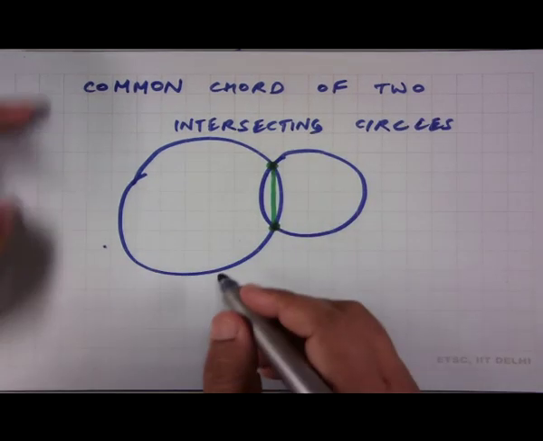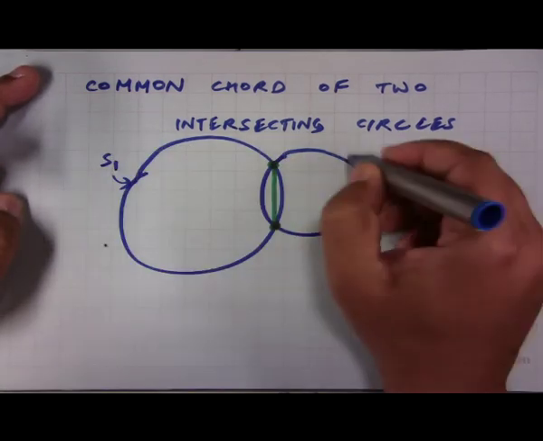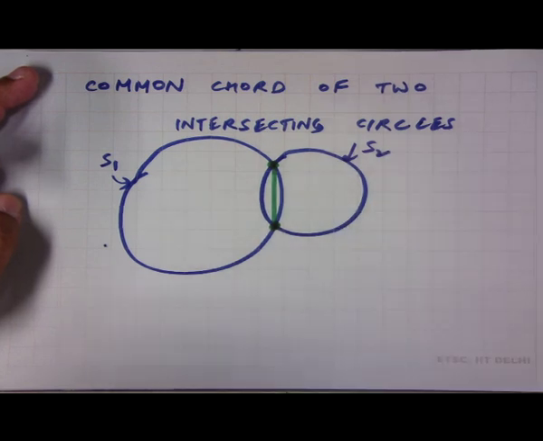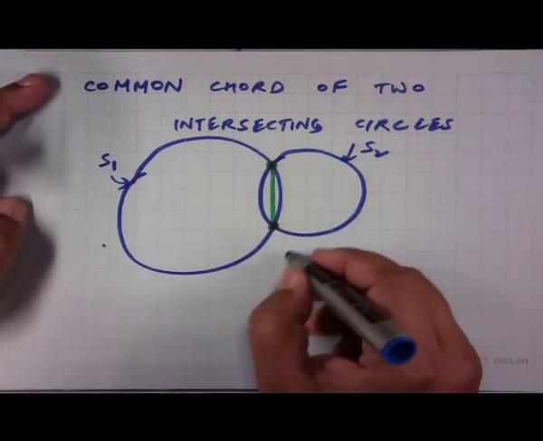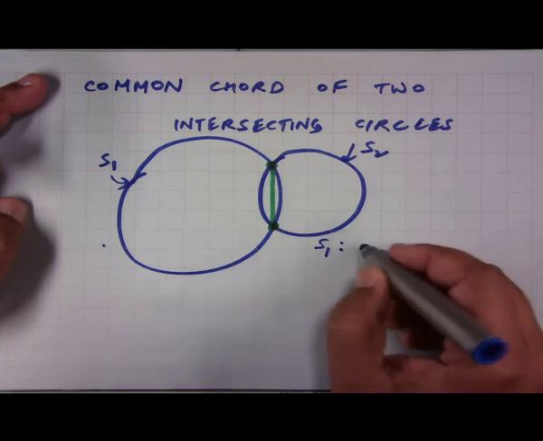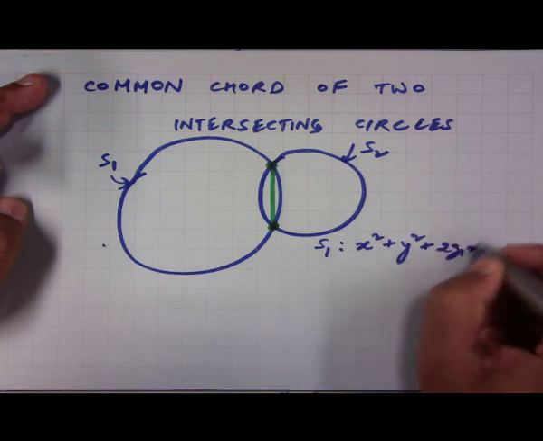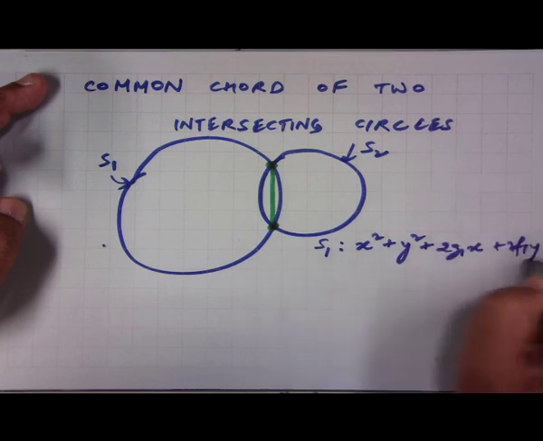Now, suppose that the equations of these two circles, this is S1, this is S2, are as follows.